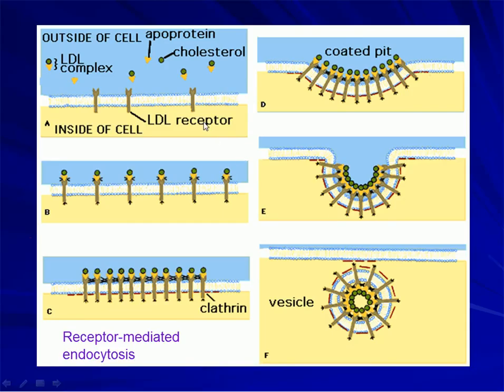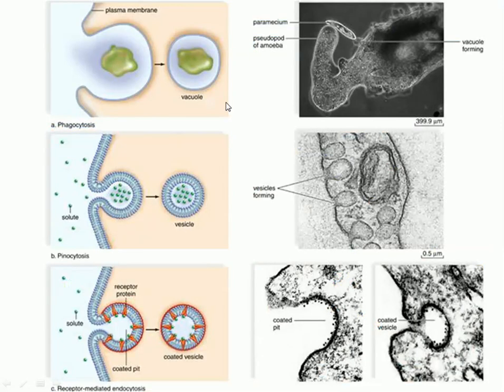This is the example. In the cell surface membrane, you have a receptor protein. The substance will first bind to the receptor protein, and after the receptor protein binds to the substance, it will form a vesicle. The vesicle will move into the cytoplasm, and the substance is transported into the cell. This is a comparison between the three types of endocytosis.